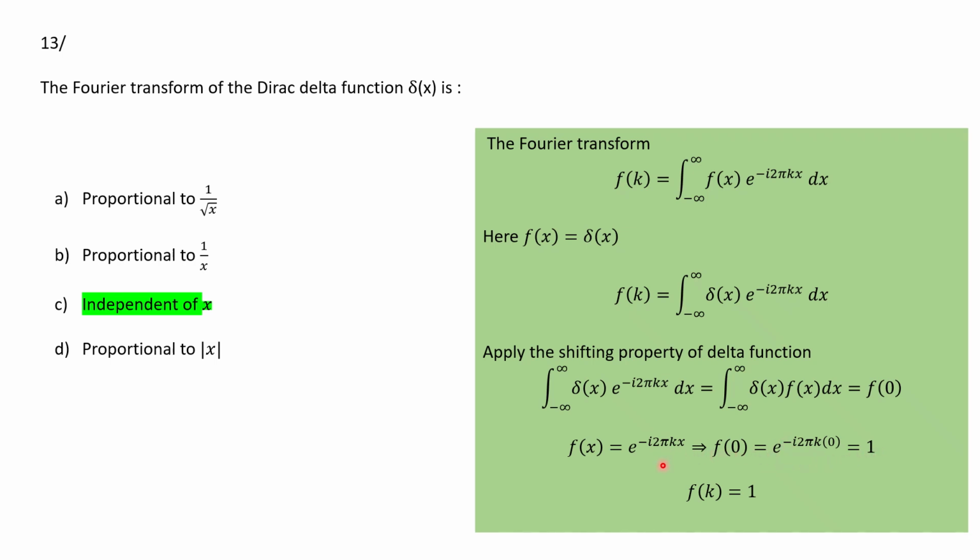So just like that, here f of k will be equal to 1, that is, the Fourier transform will be independent of x.